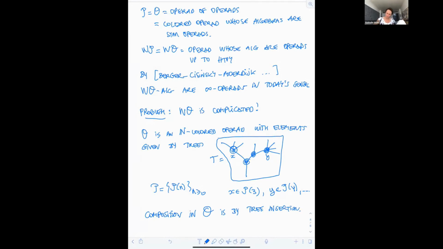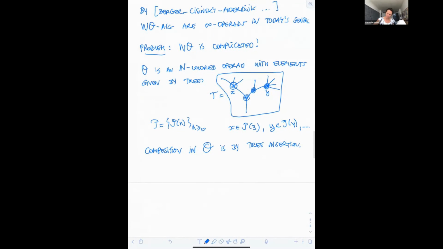When I have such a tree, it's a composition of operations, and if I have another little tree like this one, I could insert this tree inside a vertex of the correct arity. This is a rough idea of what the operad O looks like.